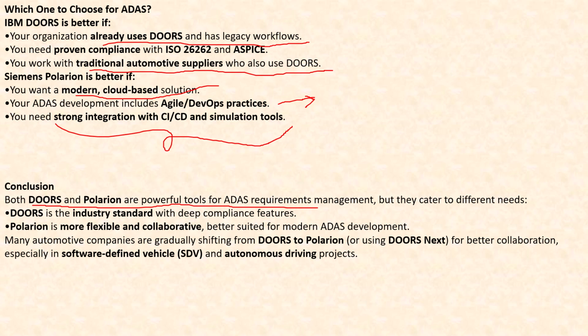Likewise, based on your industry requirements, you have to choose either DOORS or Polarion. But these two are very important in ADAS development because both are extremely efficient in managing the requirements of the OEMs and the tier 1. Both the tools are equally efficient. Okay, thank you.